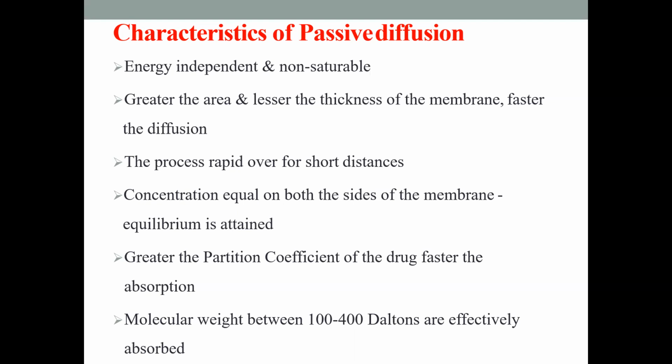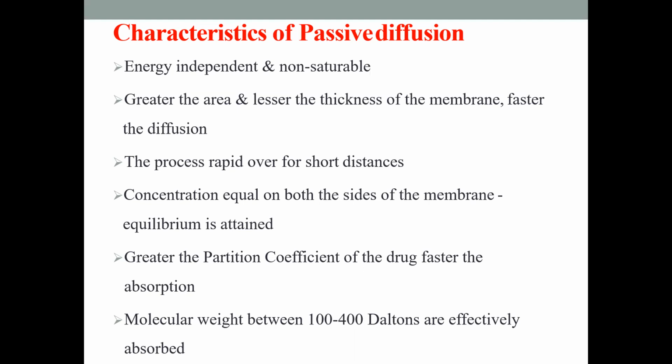The concentration is equal on both sides of the membrane when equilibrium is achieved. So equilibrium is attained when the concentration on either side of the membrane becomes equal.